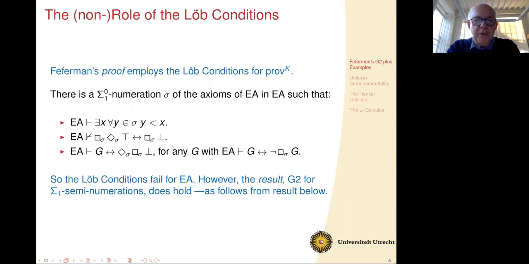Oh, sorry, it does not prove that provability of inconsistency is equivalent to inconsistency. So this means that the Löb conditions fail, right? Because this is a theorem of Löb's logic. And certainly we can prove that the Gödel sentence is the consistency of inconsistency, and more generally, we can prove that Gödel sentences are unique. So that's one example. You see that for Feferman's result, we really need the collection axiom.